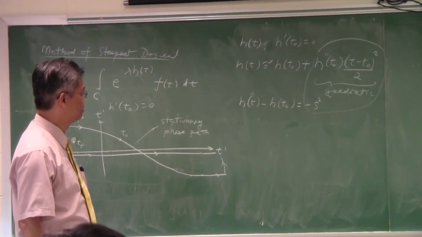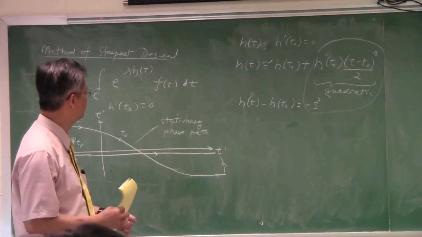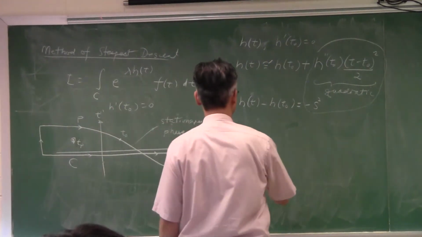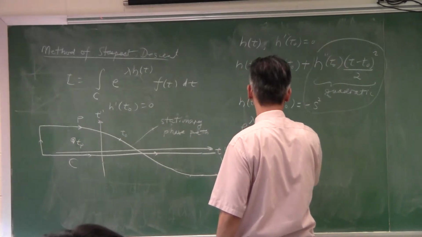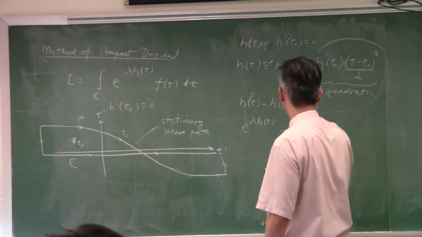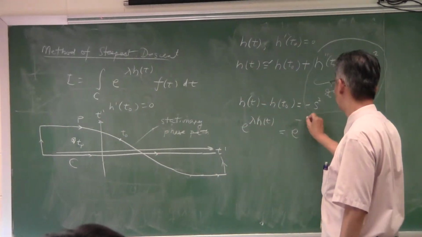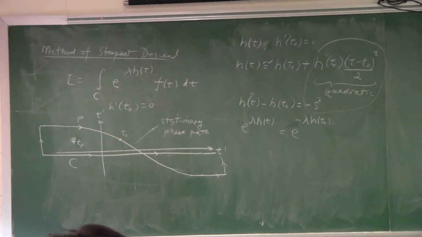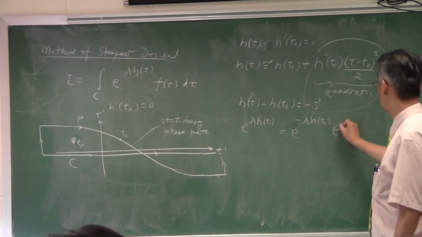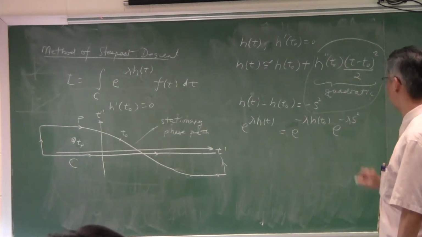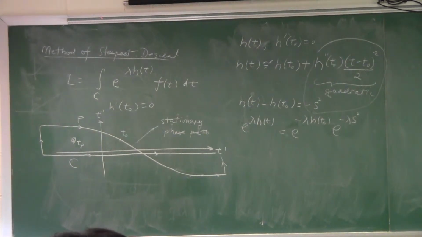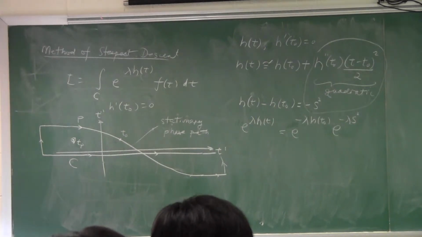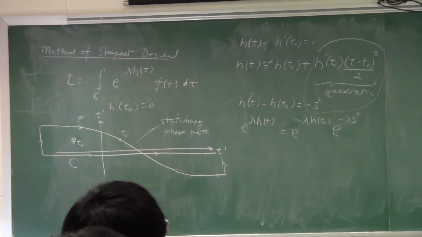Okay? So if I were to do this change of variable, then e to the lambda h(t) becomes, by this very simple thing, e to the lambda h(t naught) times e to the minus lambda s squared. So the exponential function becomes very simple under this change of variables.